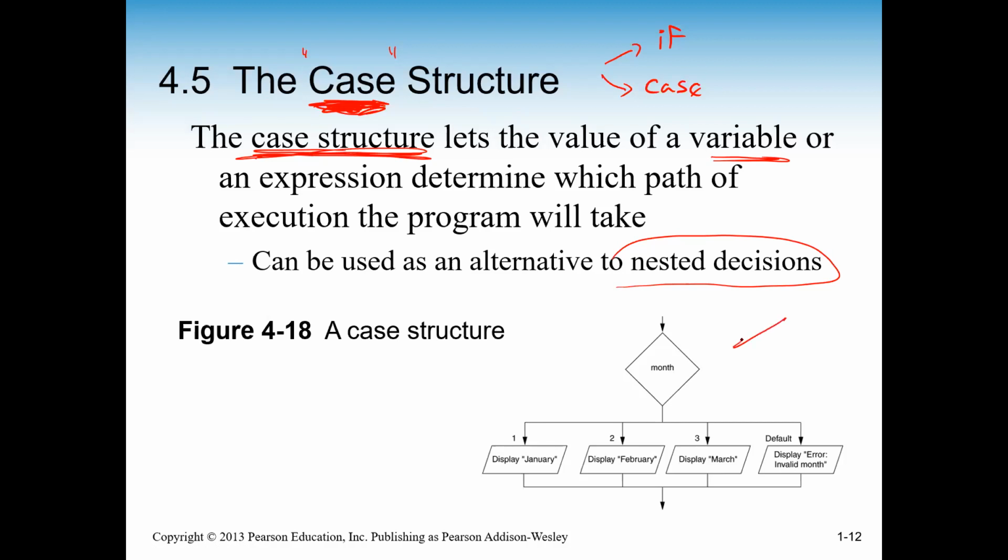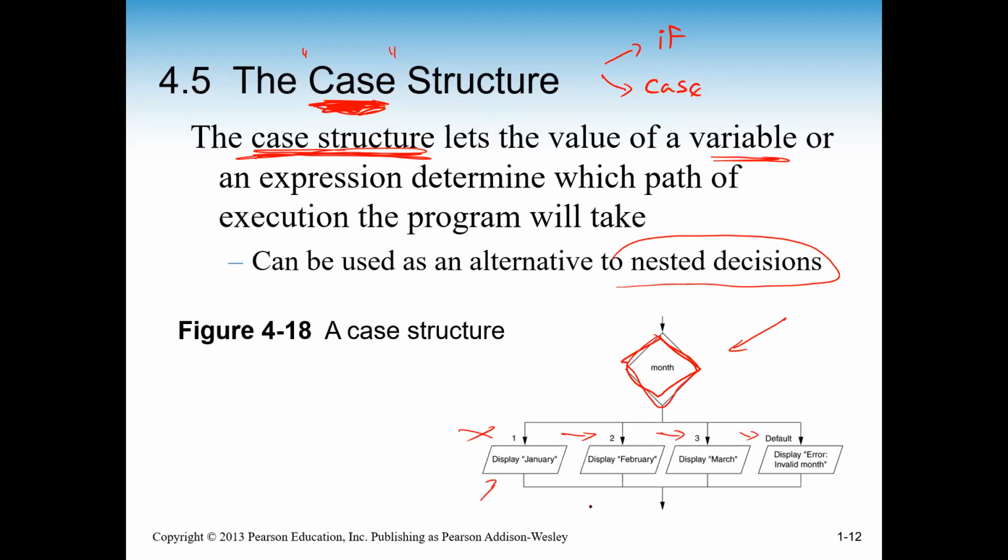Here is the flow chart of it. Of course, we have the condition in just one place, and then we might have multiple paths to follow based on what it is. Is it this one? Is it that one? You can see the value is plugged in there. That's how the flow chart works.